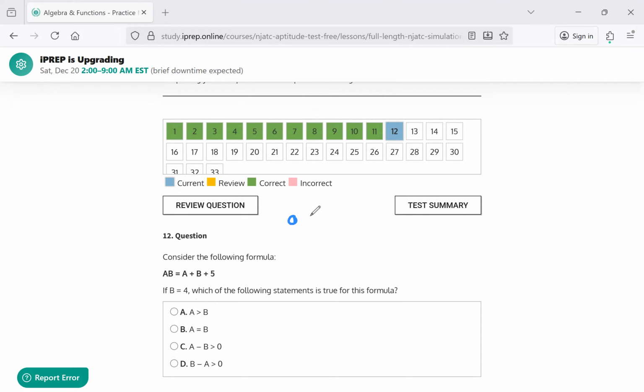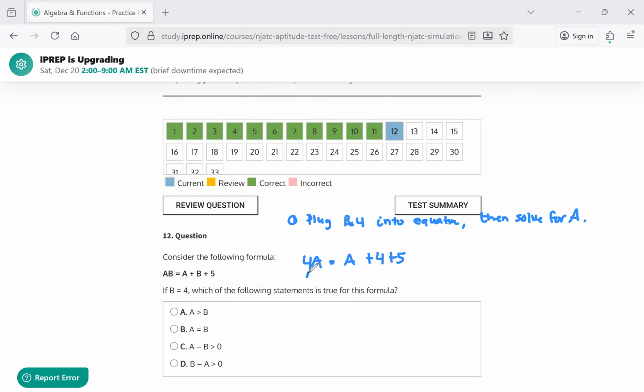I would just plug in B equals 4 and solve for A. So this is going to be 4A equals A plus 4 plus 5.